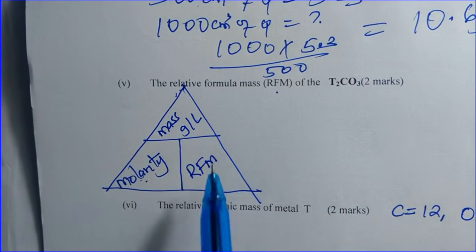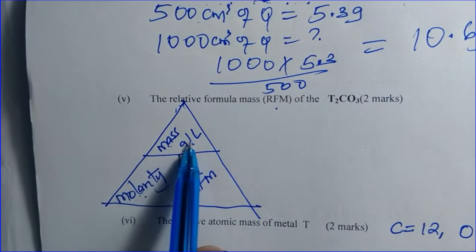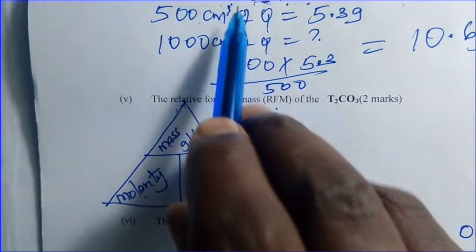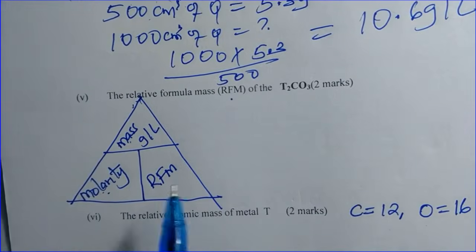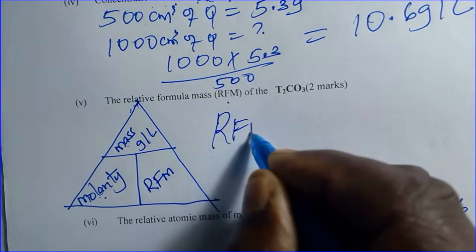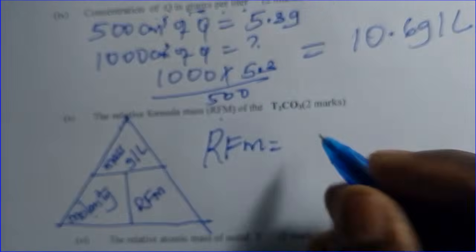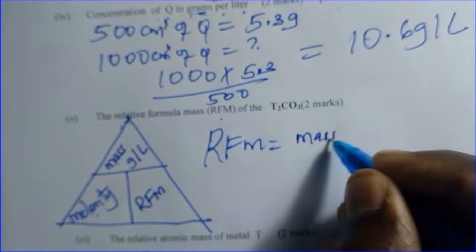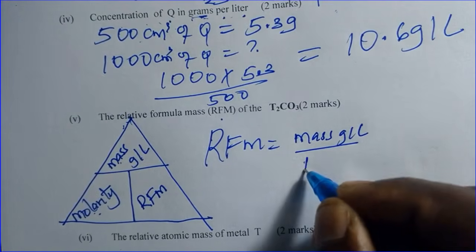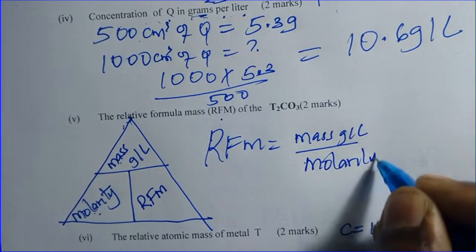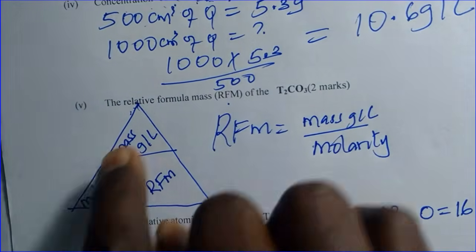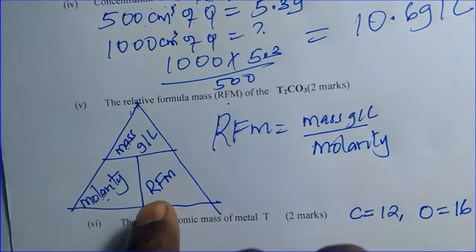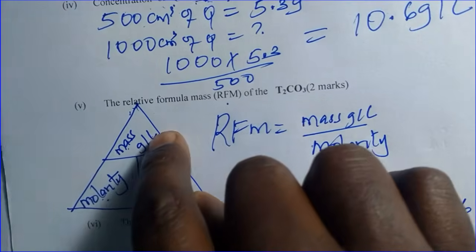Now we have the mass in grams per liter of the carbonate Q. We have the molarity of Q, this one. Now RFM is simple. So you write RFM is equal to mass in grams per liter divided by molarity. You will hold the formula here, mass over this. If you wanted molarity and you have this, molarity is equal to mass over RFM. If you wanted mass in grams per liter, it is molarity times RFM.